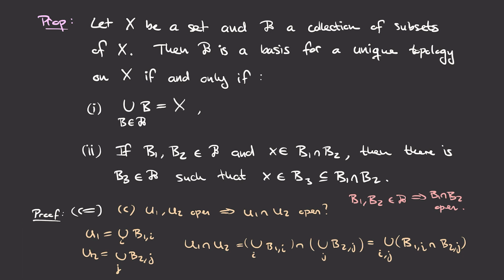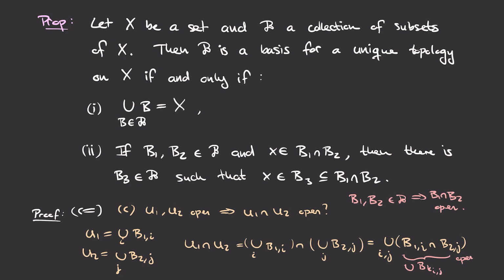Why is this useful? Well, we know from our examination of the special case where we have two basis elements that then their intersection is open with respect to the definition of the topology we're making. So this means that each of these b1i's intersected with the b2j's is open in our new topology. So this means that it's a union over some basis elements, and now we need a lot of indices, so it's going to be something like some bk sub ij's.